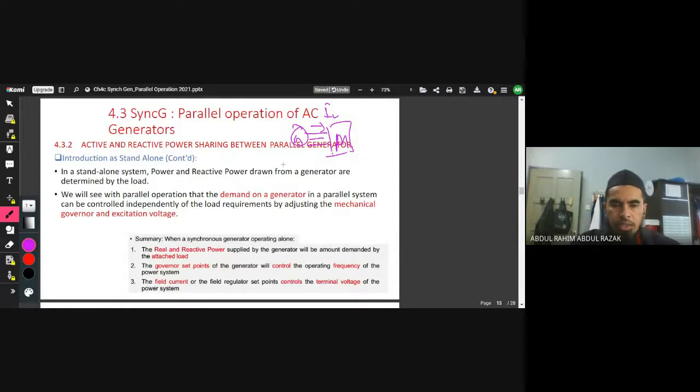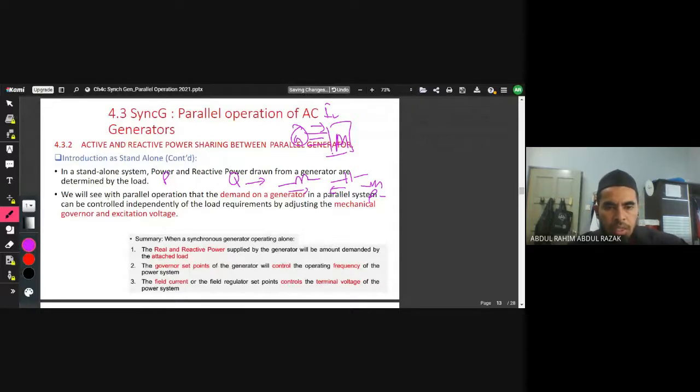In terms of P and Q, if we have inductive, we draw Q. If we have capacitive, it supplies Q. If we have resistive, we draw P a lot.